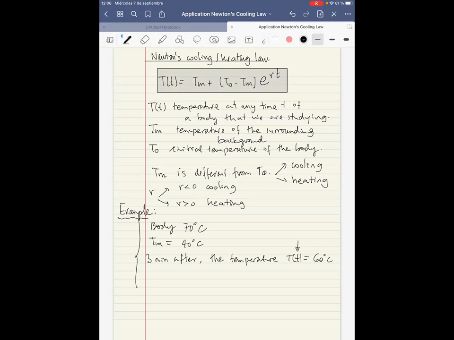So it asks two questions. One is: what is the temperature of the body 5 minutes later?